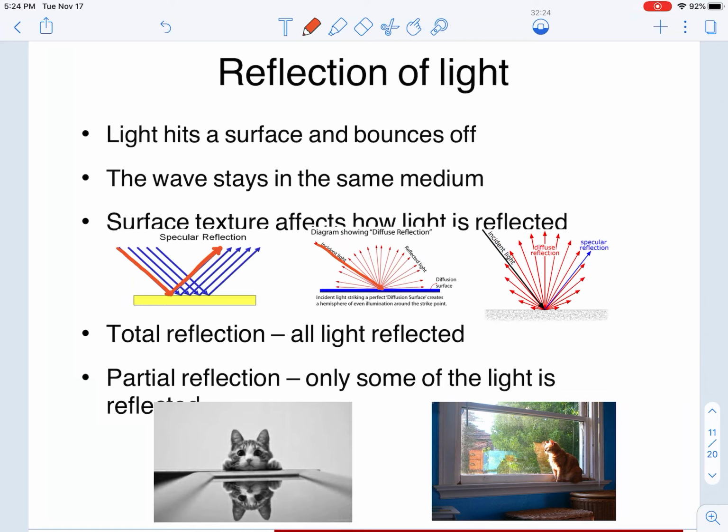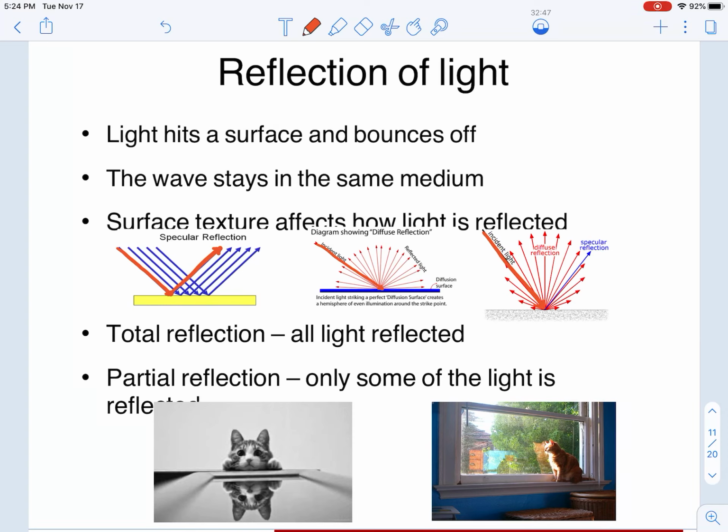And the reason why that happens is because we have some sort of textured surface. Instead of it being a nice, clean, smooth surface that the light is bouncing off of, that material, whatever that boundary is, must be textured, it must be rough, and so that is causing the light to bounce off in lots of different directions.